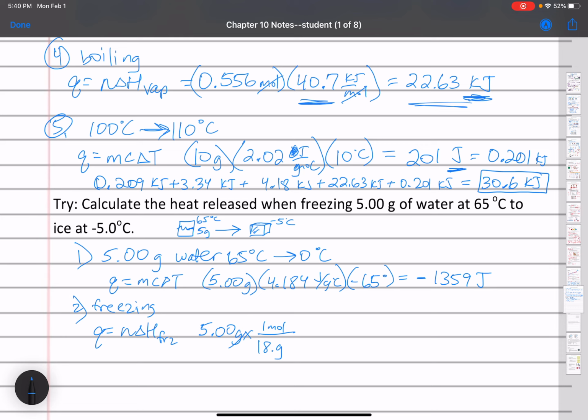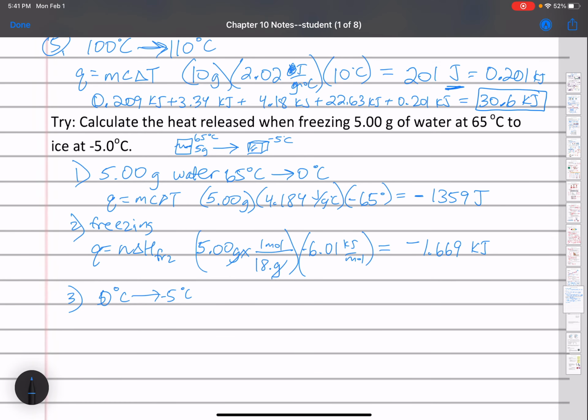That will give me moles. So that's my n, times the heat of freezing, which is negative 6.01 kilojoules per mole. And this will also be a negative value, 1.669 kilojoules.